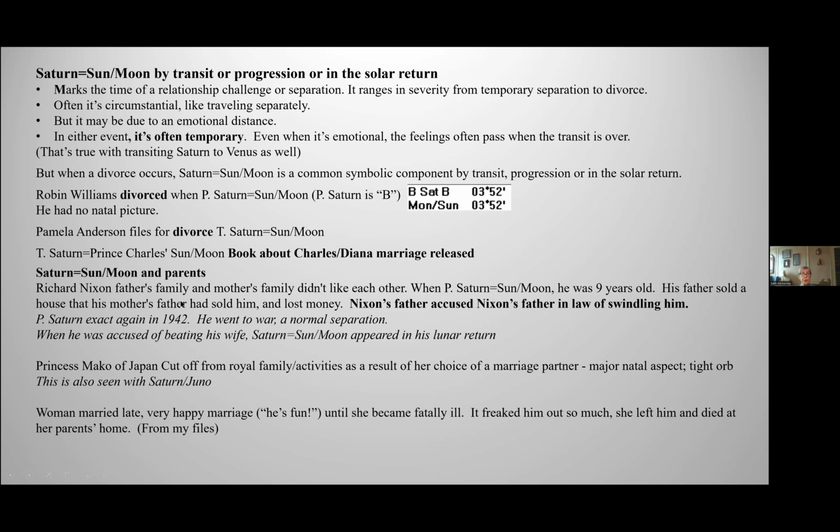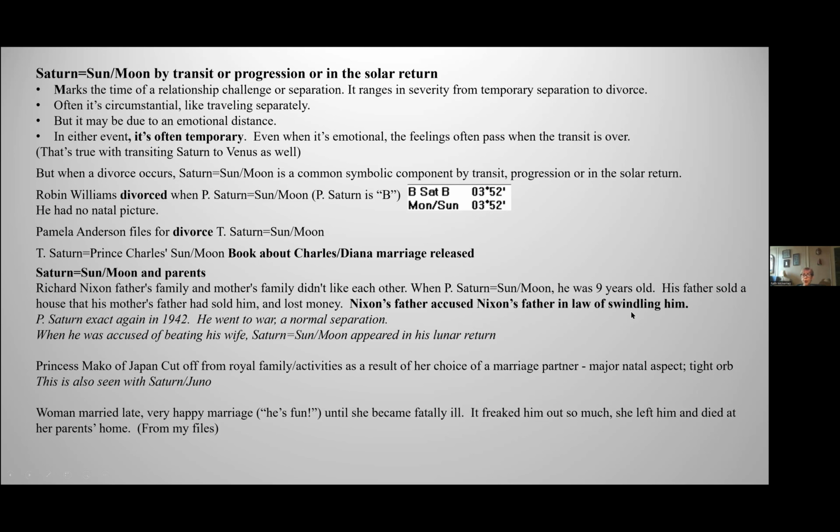And here's an example of Saturn equals Sun-Moon and parents. So here is President Nixon's situation. He had the natal picture. He was young Richard Nixon living with his parents, obviously, and his father's family and his mother's family did not like each other.